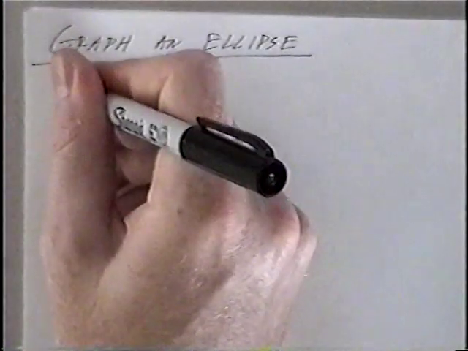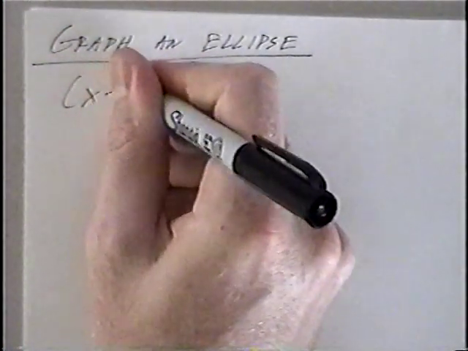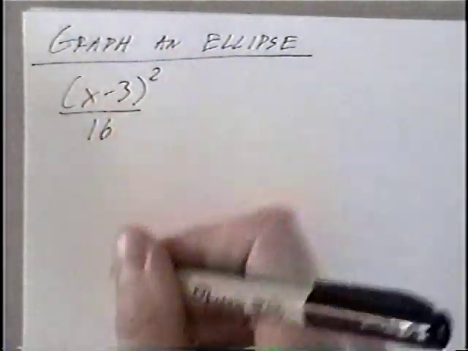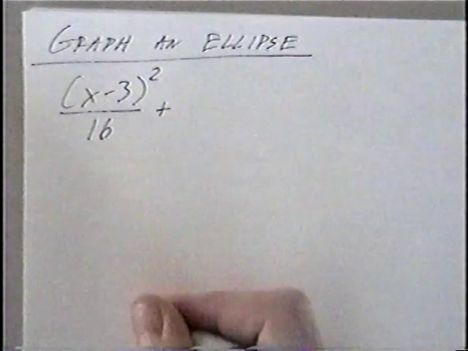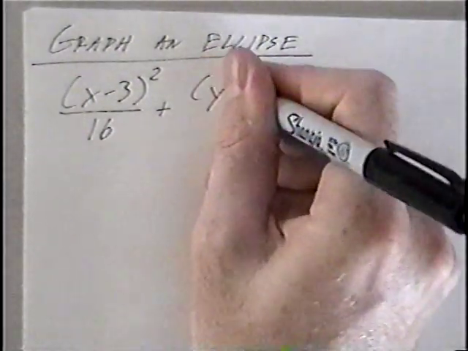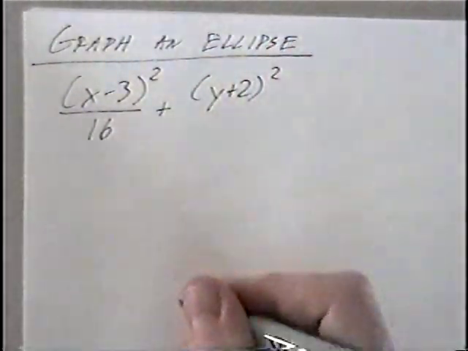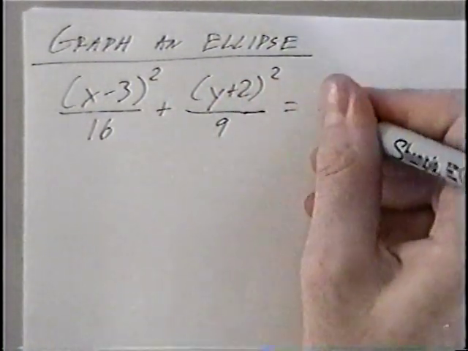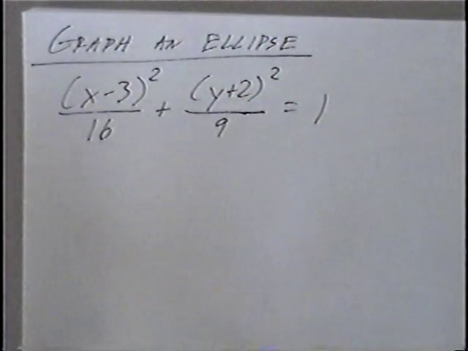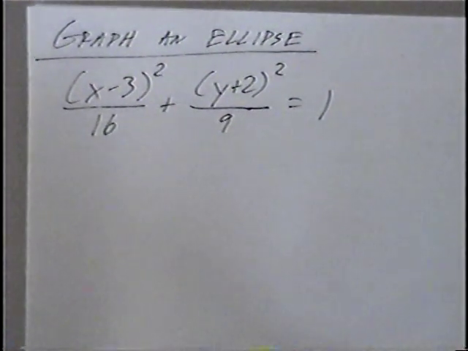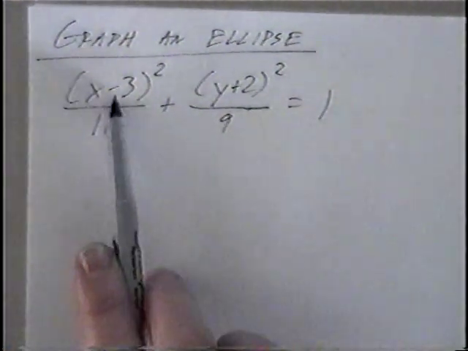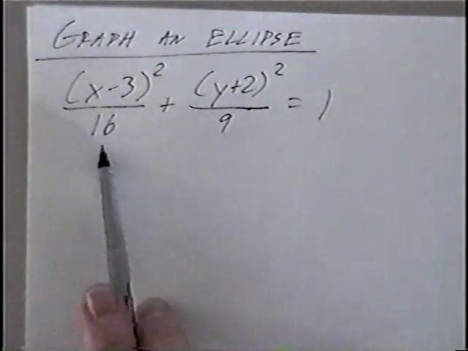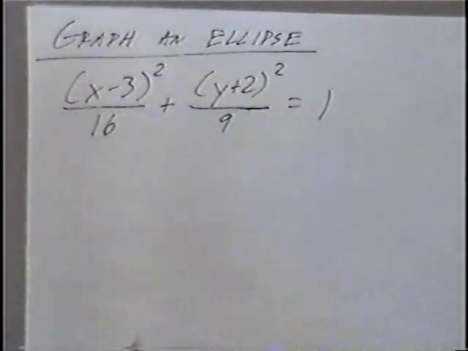First equation, inside parentheses, x minus 3 squared divided by 16 plus inside parentheses y plus 2 squared divided by 9 equals 1. This is in standard form for an ellipse, where you have x and y on the same side, both squared, each one divided by a number, and it has to be equal to 1.